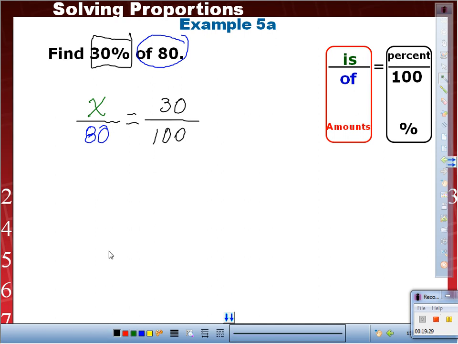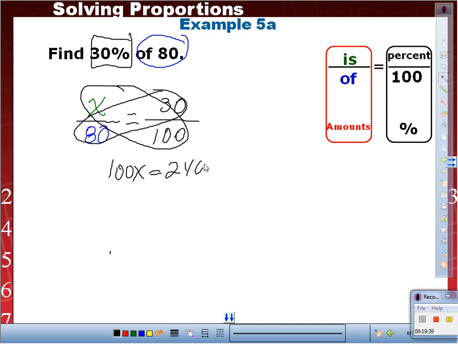I'm going to start with the variable. x times 100 is 100x equals 80 times 30, that's 2400. Do we know how to solve this? Yes. Divide by 100, divide by 100. Let me get rid of some zeros, and we're left with x equals 24.